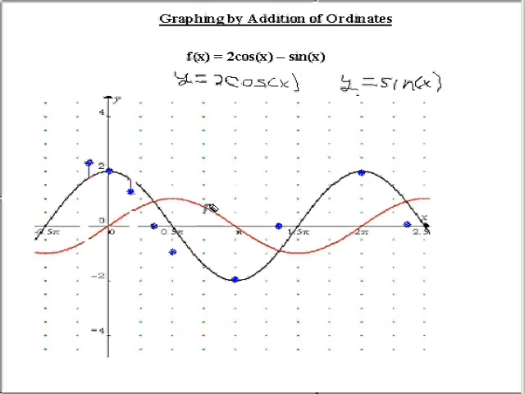So that means that in this section right here, when I do 2 cosine x and get this negative number and subtract this positive number, I in essence end up adding 2 negative values.